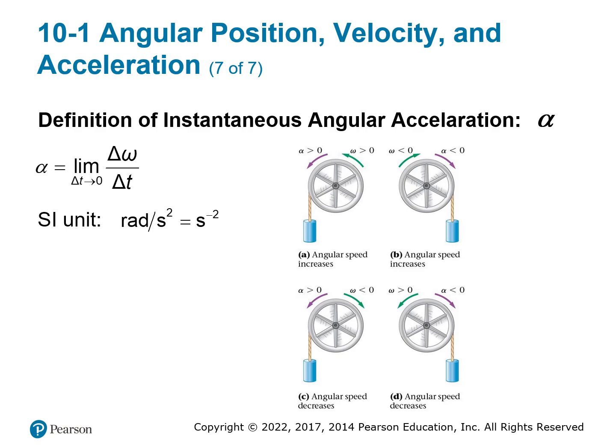But if angular velocity is greater than 0 and angular acceleration is also greater than 0, then your overall angular speed increases. If your angular velocity and angular acceleration are both less than 0, then you also say your angular speed increases.